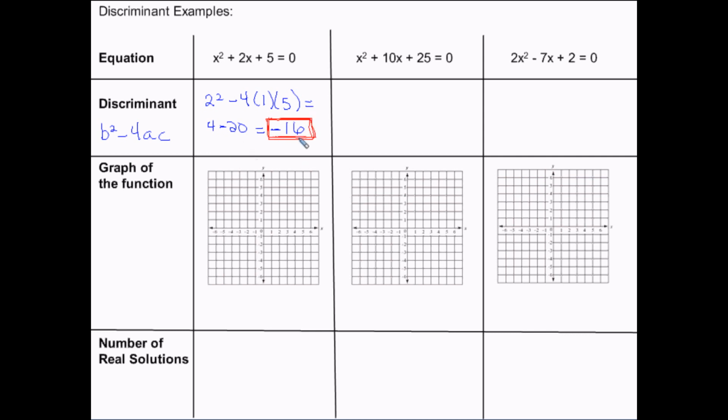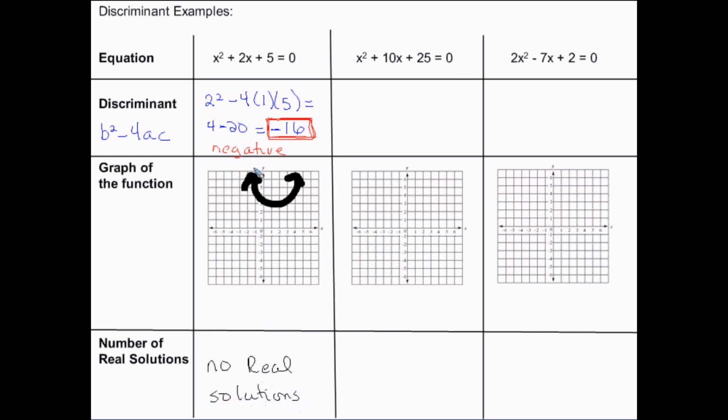Now this negative 16, that's important. If the discriminant is negative, my graph is going to be up in space somewhere, and it'll never touch the x-axis. If it never touches the x-axis, I have no real solutions.